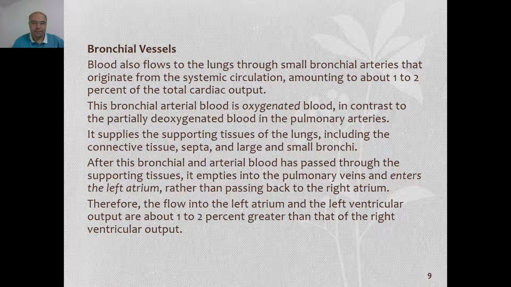Bronchial vessels. Blood also flows to the lungs through small bronchial arteries that originate from the systemic circulation, amounting to about 1 to 2% of the total cardiac output. This bronchial arterial blood is oxygenated blood, in contrast to the partially deoxygenated blood in the pulmonary arteries.